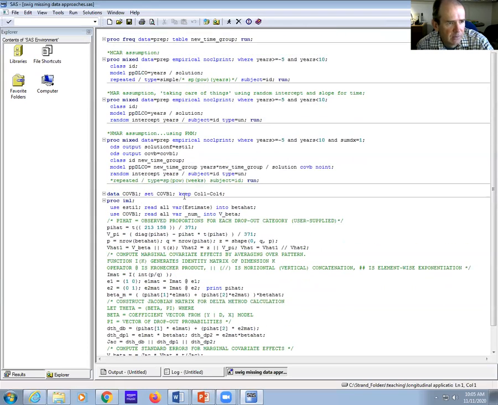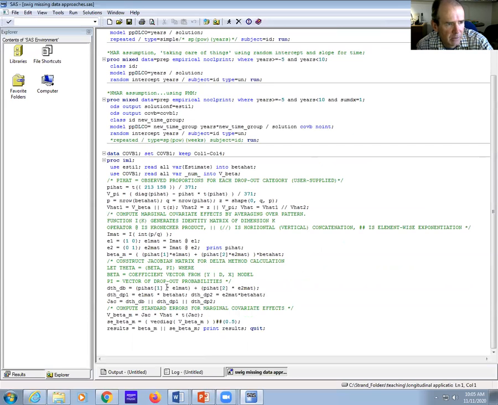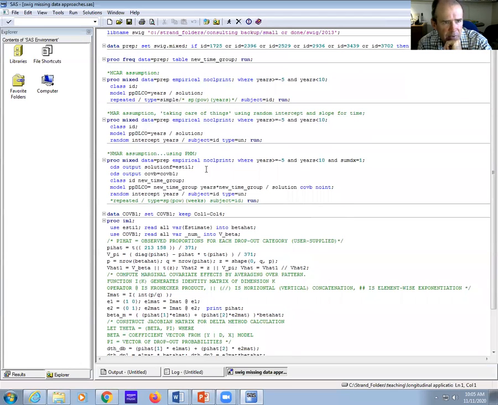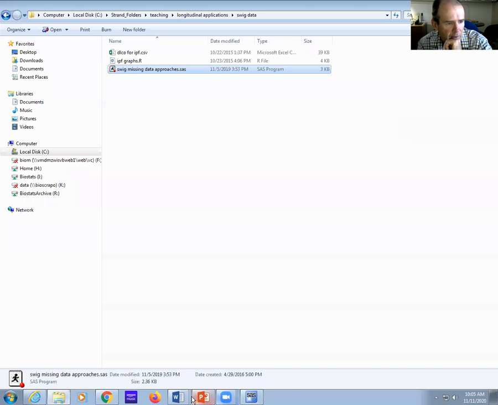You don't have to use ProcIML here. You could also do some estimate statements to do it. I've been doing that recently. But you can also do ProcIML to obtain a marginal estimate between the groups. So I can post this as well for you guys if you want to use that for your projects.